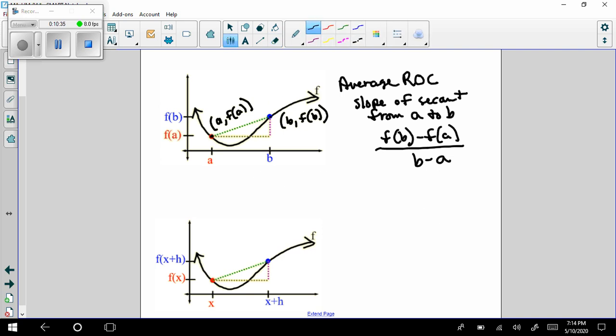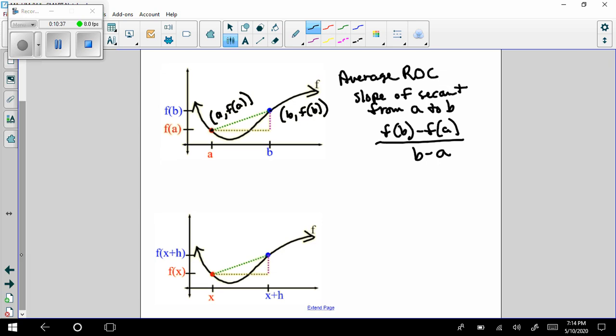Okay, so if you recall, a difference quotient is where we were adding in that H value. So on this graph, this point is X, f of X. And then I'm adding a certain value of H for my secant line.